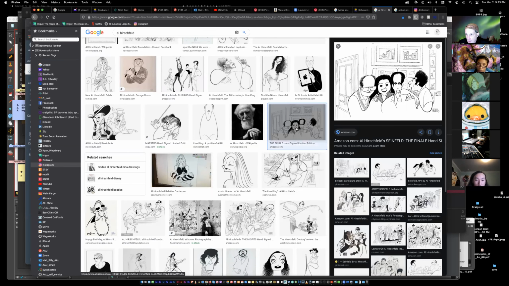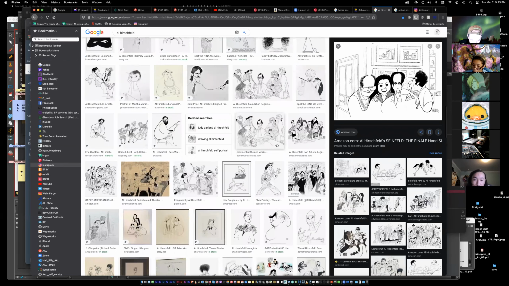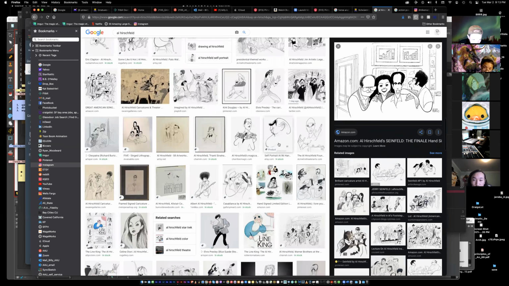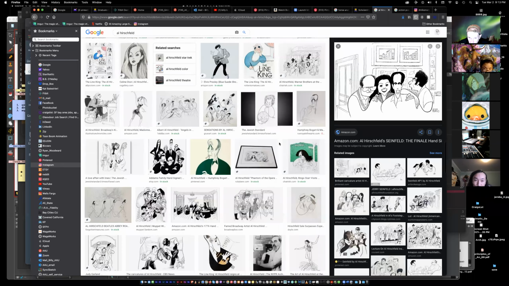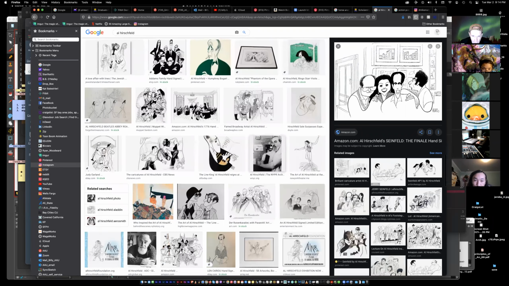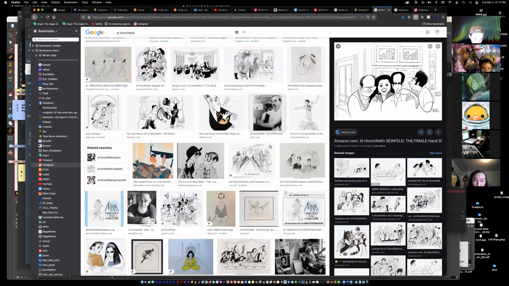Here's the cast of Seinfeld. Amazing, just really simple lines. I think his midlife stuff was better than his early or late. But yeah, this would be really hard to animate. You'd have to really concentrate on what your lines are doing.